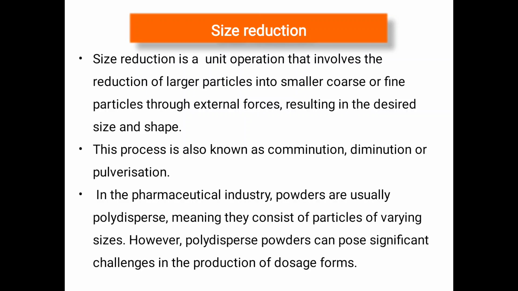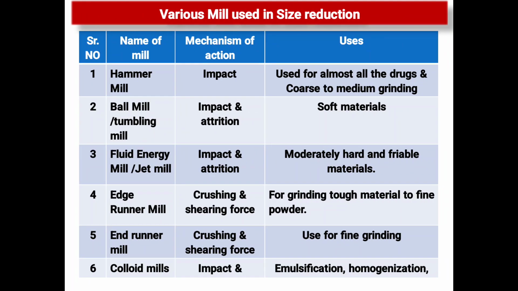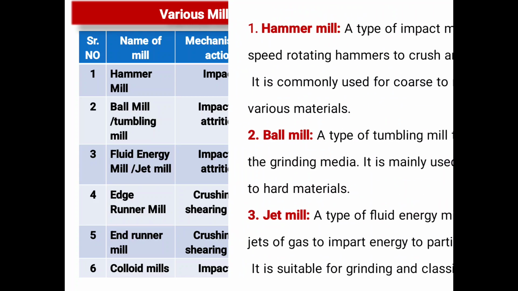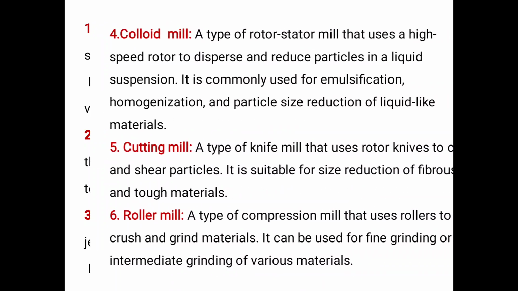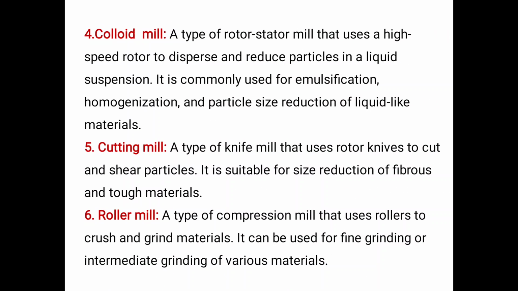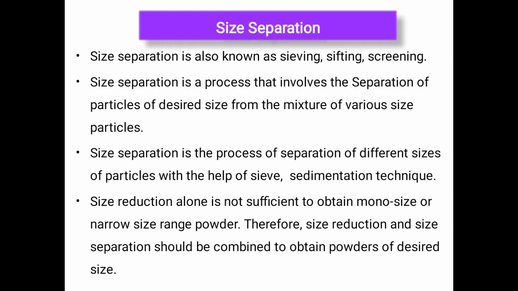In size reduction, we learn about various types of mills used in size reduction, that is hammer mill, ball mill, fluid energy mill, edge runner mill, end runner mill, colloidal mill, and their principles and uses. In size separation, we learn what size separation is. There are five grades of powder according to the Indian Pharmacopoeia.